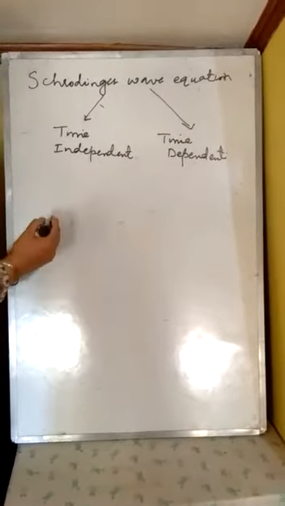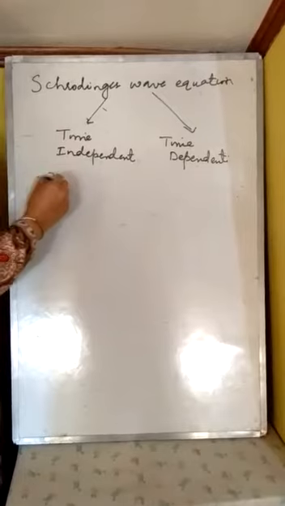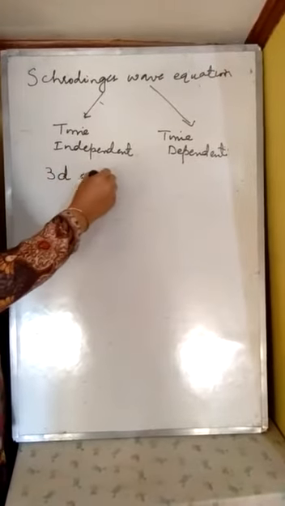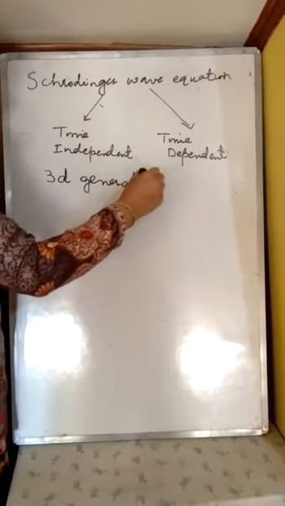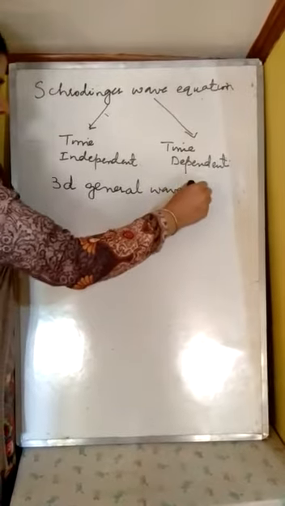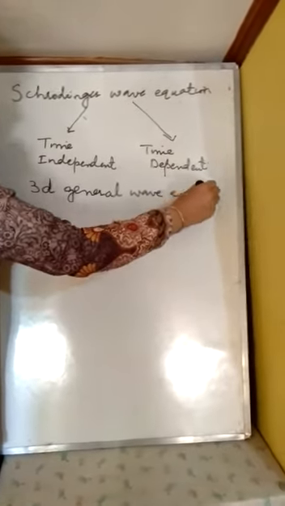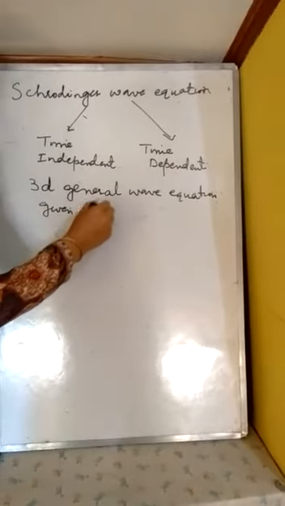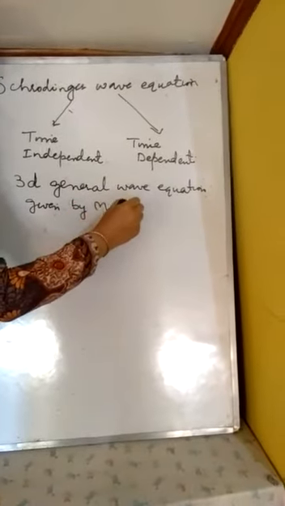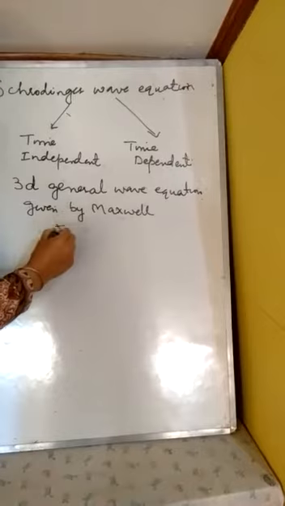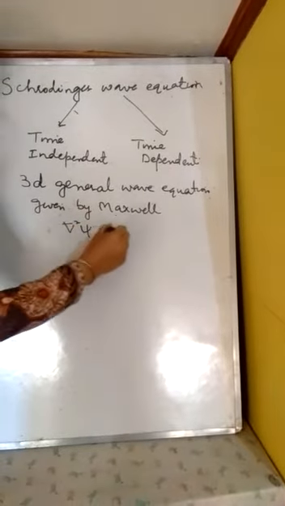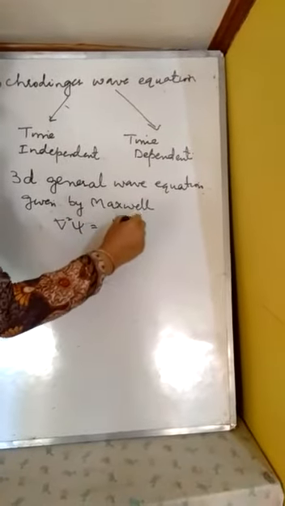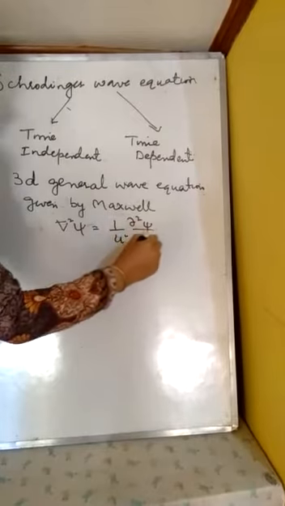I hope all of you are aware of the three-dimensional general wave equation given by Maxwell, and that is del square psi is equal to 1 by u square dou square psi by dou t square.